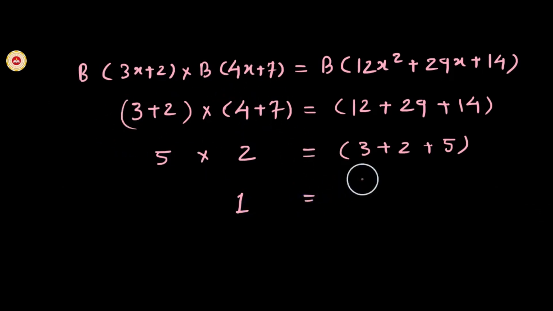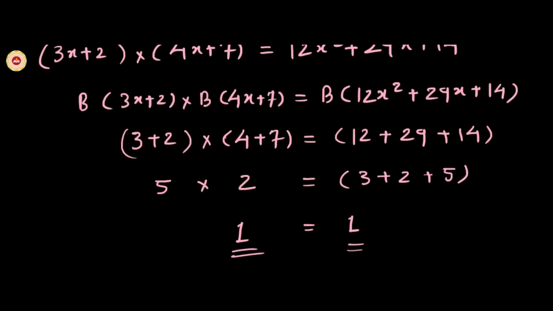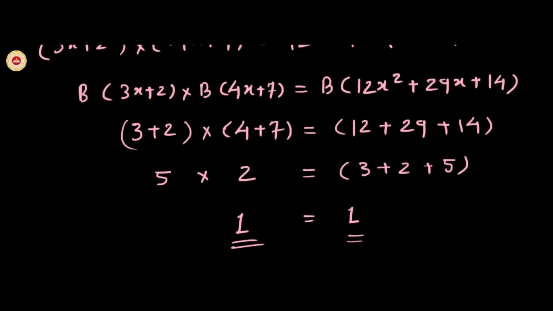Bijanka of this side is 1. 3 plus 2 is 5, 5 plus 5 is 10, 1 plus 0 is 1. So Bijanka of both of these sides is the same. It means that our answer is correct, right?